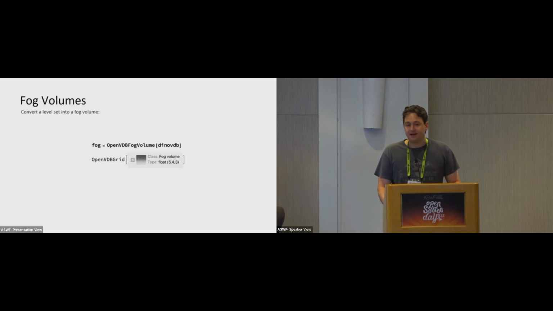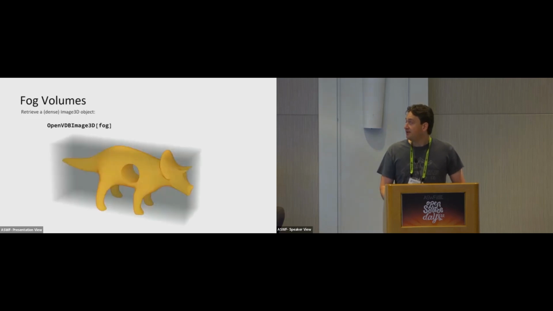One nice thing about Mathematica is that it has 3D images built in, so I can just ask the link to get back the 3D image of this. This is the voxel representation. In Mathematica, Image3D is a dense voxel grid, unfortunately. There is a special option, which I don't have shown here, which says, hey, return me a downsampled version of a reasonable size.